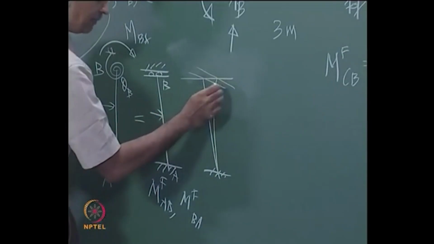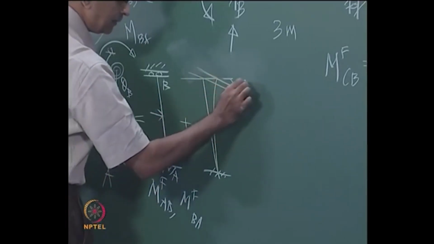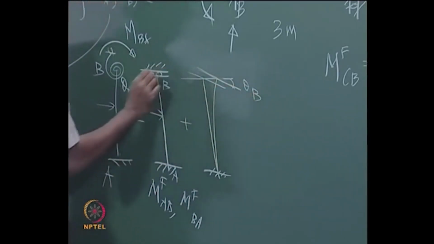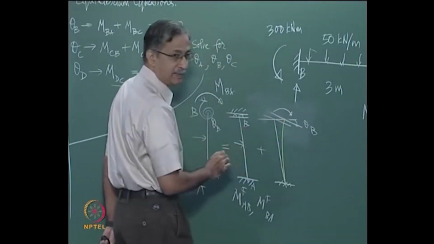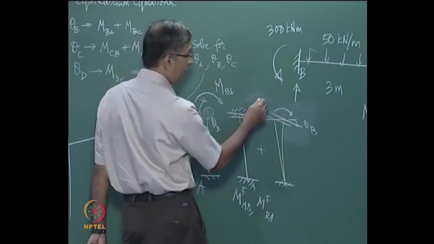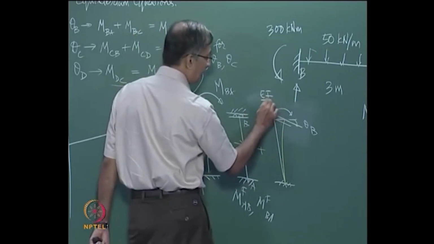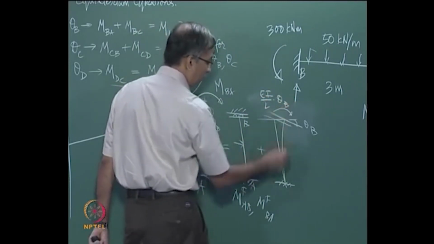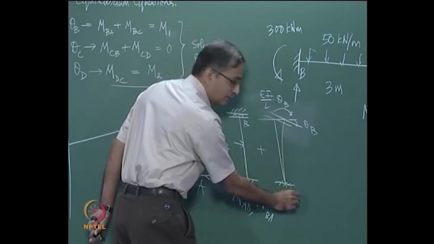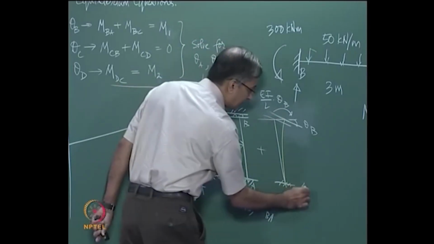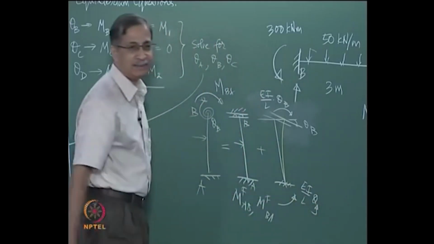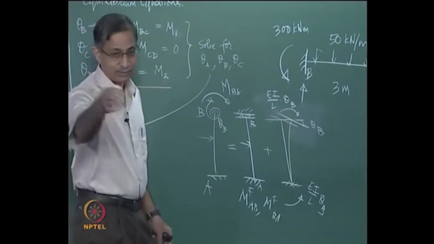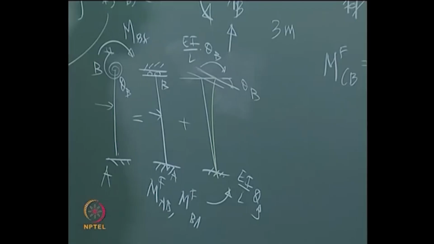And this is theta B. Now if something like this happens, what do you think the moment will be? It's clockwise, it will be EI by L into theta B, and what do you get here? Equal and opposite, EI by L. So a little thinking and you can get it. That's what those equations mean. Is it clear?